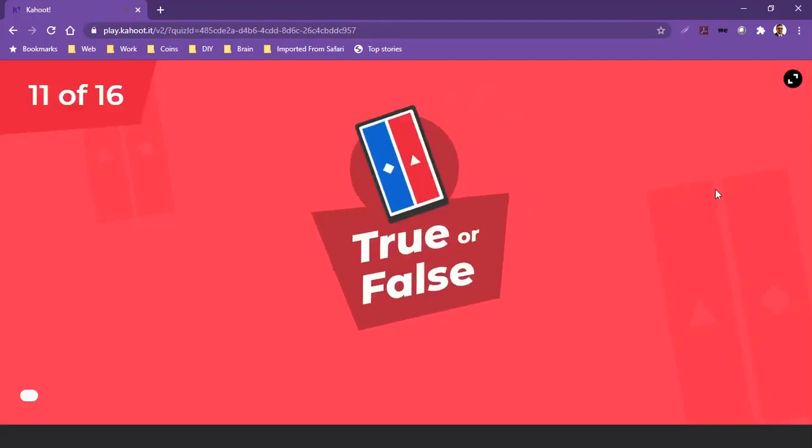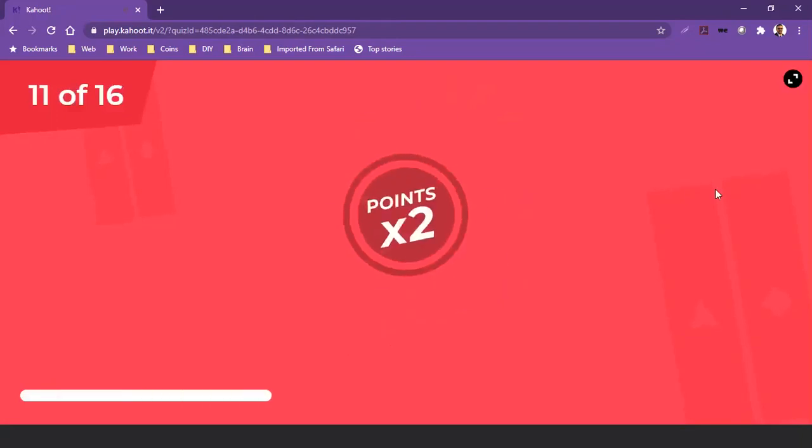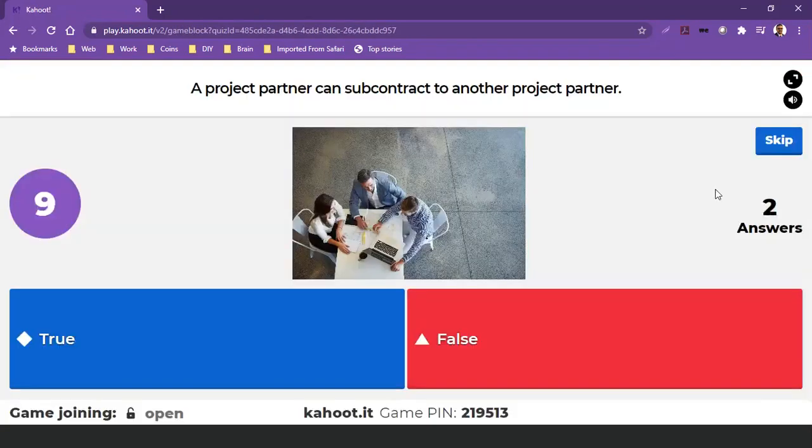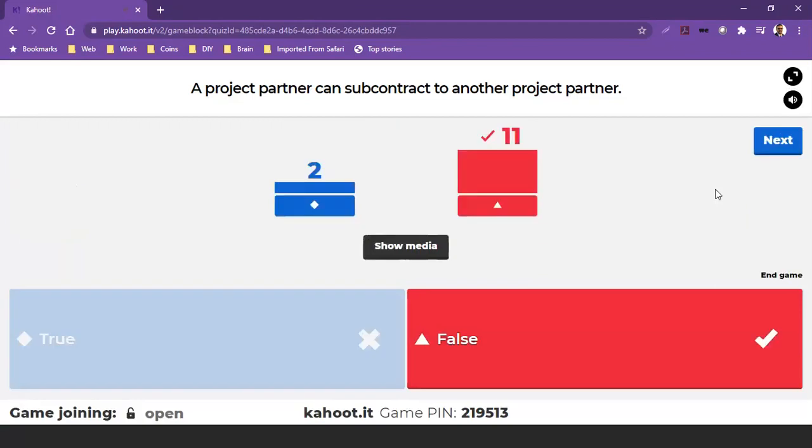True or false? A project partner can subcontract to another project partner. True or false? Very fast answer. So, it is false. As Lily mentioned in her part of the presentation, a project partner cannot and must not subcontract to another project partner.